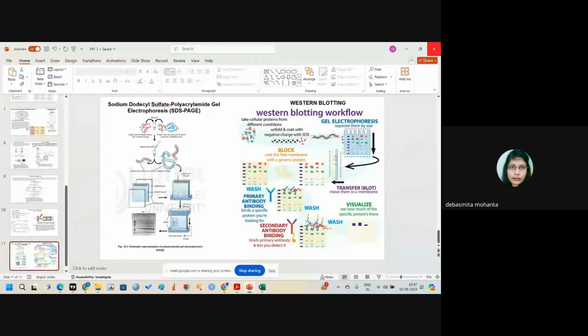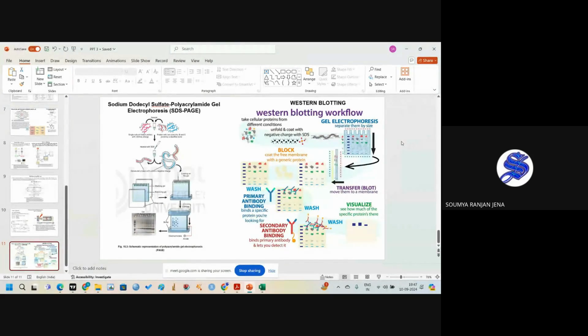Native PAGE you can use only for enzymes or your antibody-antigen reaction; in those cases you can use native PAGE, not for HTC. In native PAGE it will take 12 to 20 hours, because movement is very slow since we cannot give any charge to the protein.